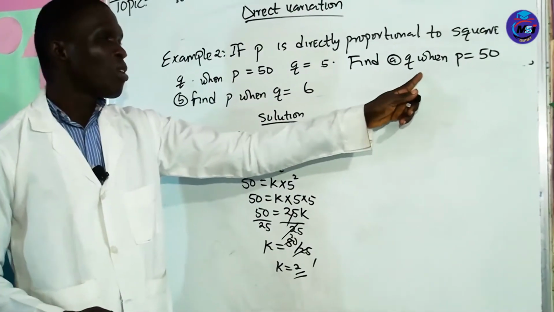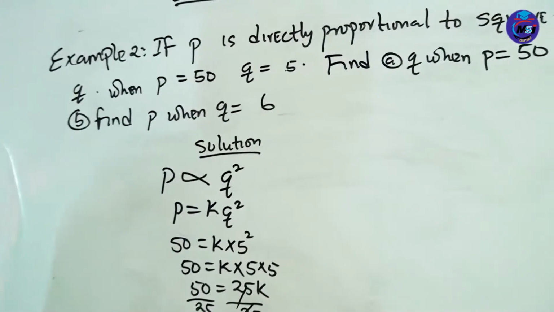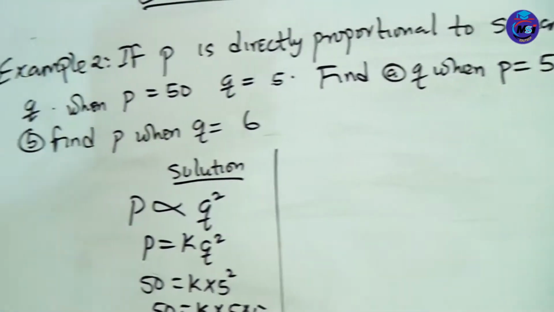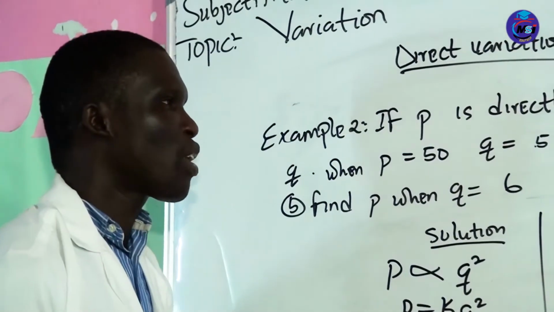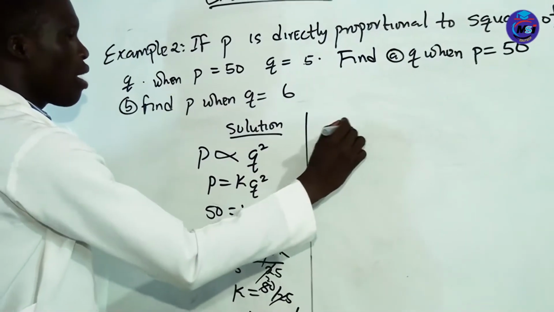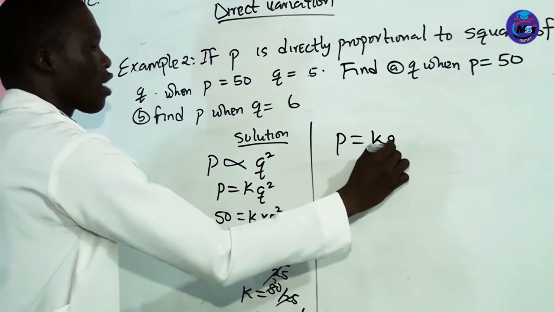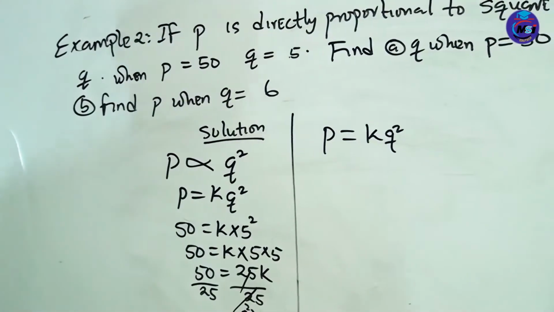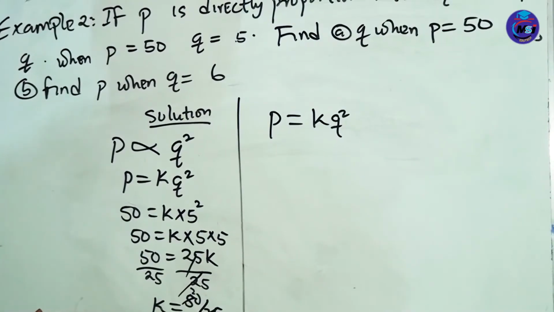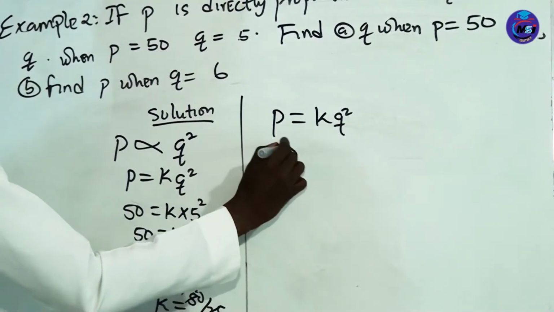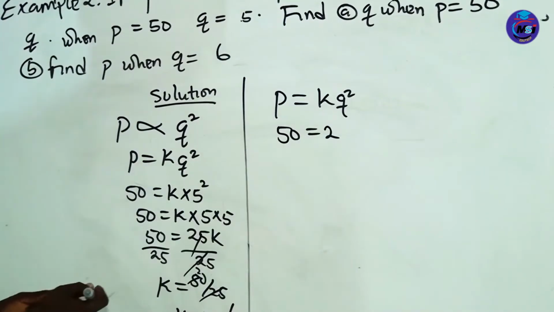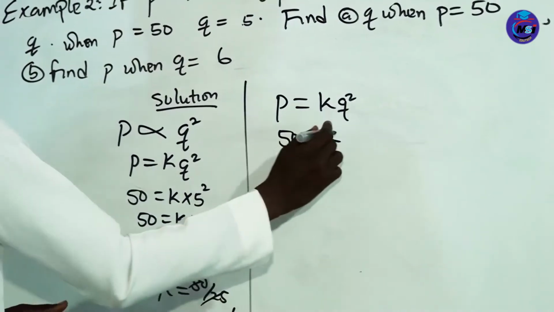We want to find Q when P equals 50. So what are we going to do? To find Q when P equals 50, you repeat this formula. P equals K Q square. Now what is our P? Our P here is 50. K is 2, and Q we don't know.